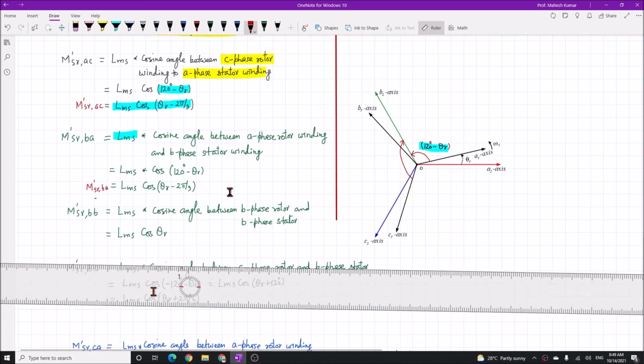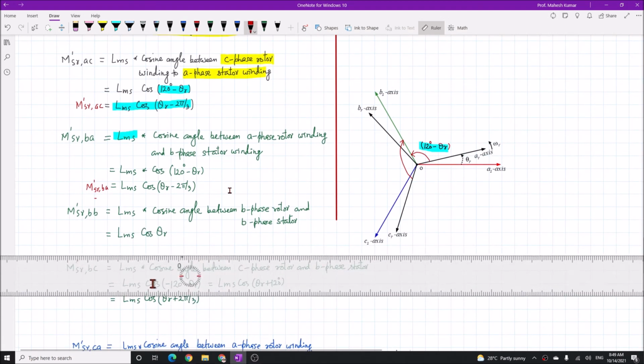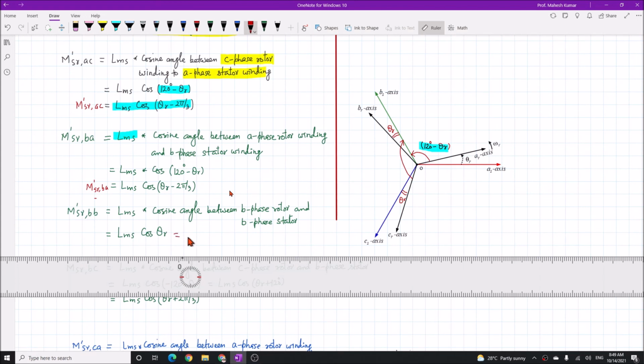What about BB? BB will be same as AA because the angle between these two axes is theta, same thing as theta r. So MSR dash BB equals to LMS cos theta r, which is also equal to MSR dash CC.